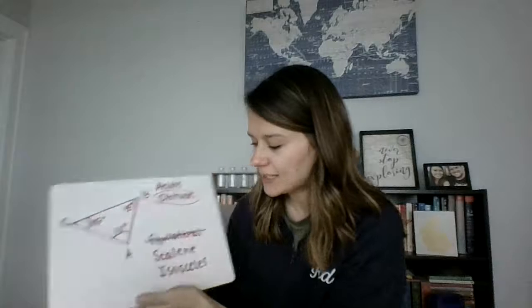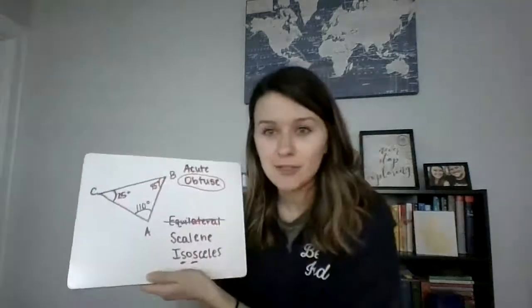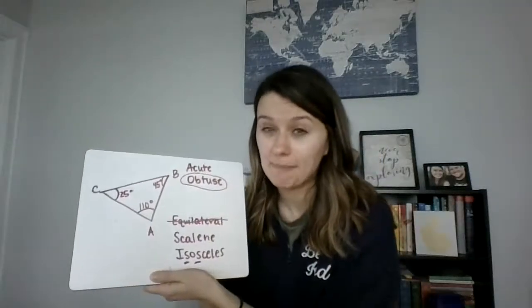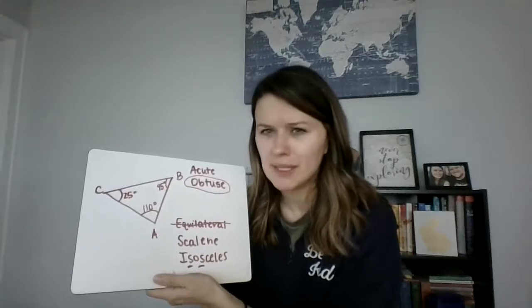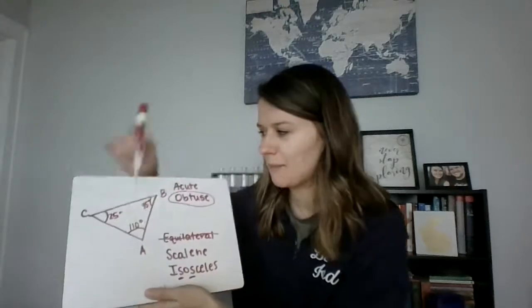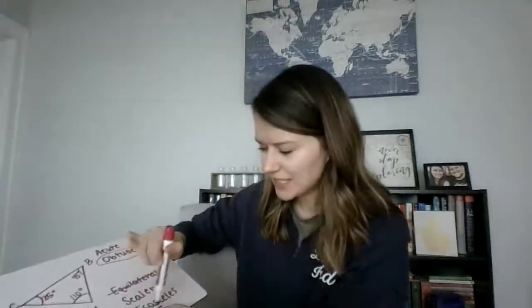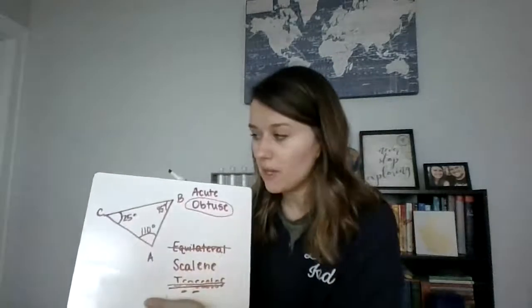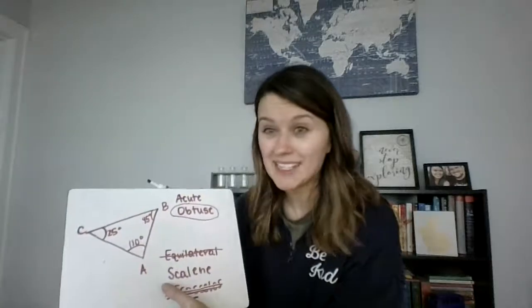When I have an isosceles triangle, I see those two S's, so two side lengths have to be the same. And if two side lengths were the same, well, then two of those angle measurements should be the same. But I don't have two angles that are the same, so this can't be an isosceles triangle. But because all three of my angles are different, that has to be scalene.